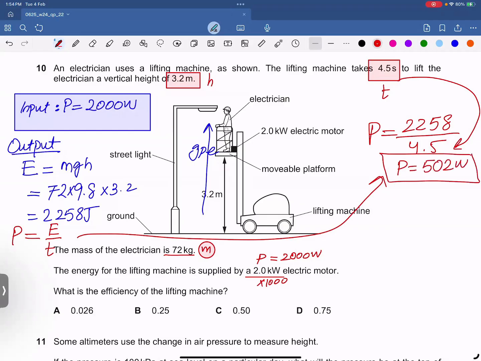502 watt is the output power. So dear students, now you need the efficiency. Efficiency will be useful output power divided by total input power times 100. Useful output power is 502. Input was 2000. You multiply by 100.